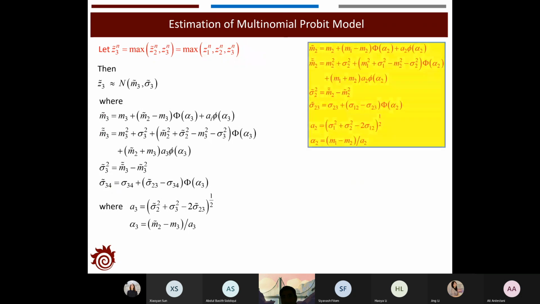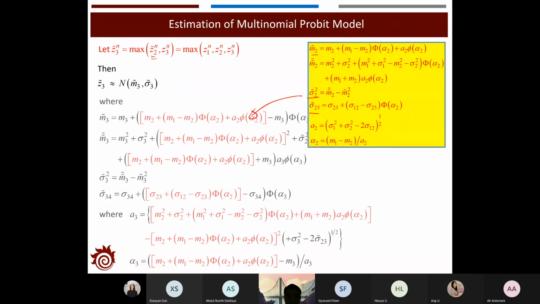With that, as we have already obtained the distribution of z2 tilde, you can then apply your estimated equations m2 tilde, sigma 2 tilde, sigma 2 3 tilde, and so on. Apply all of them to this equation, and that will give you a full expression of how to calculate m3 tilde, sigma 3 tilde square, and sigma 3 4 tilde, and so on.